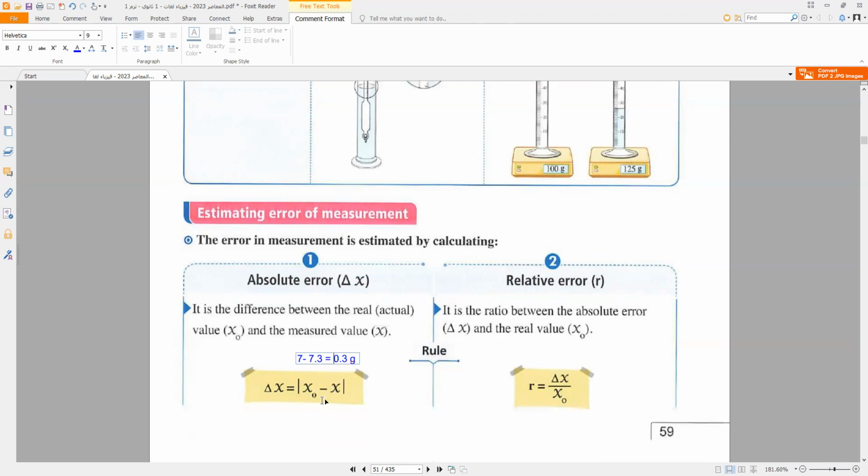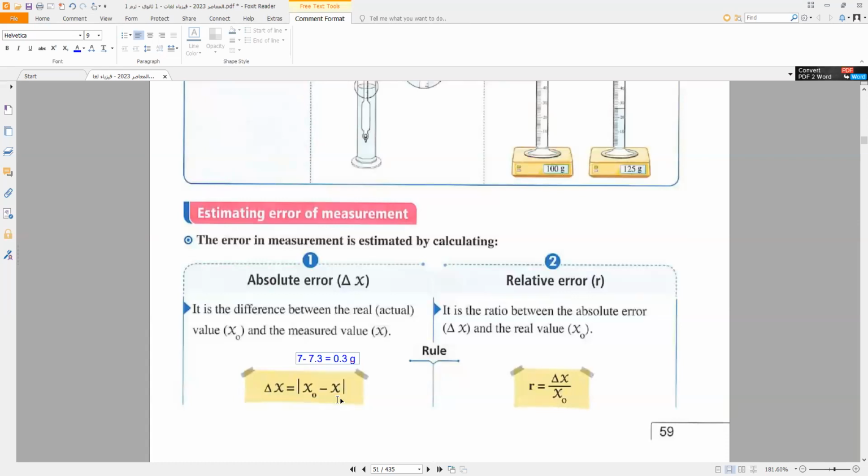So the absolute error is the difference between the real value and the measured value. If you want to calculate the area and its absolute error, it is A naught minus A. A naught is the real value of the area, and A is the measured value of the area.